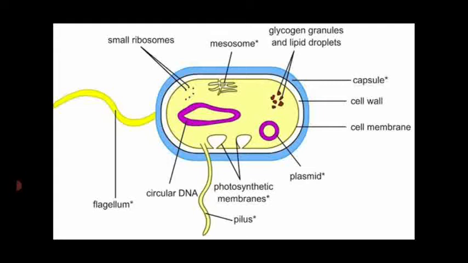Another one, circular in shape with double-stranded DNA, named as plasmid. Then some of the cell inclusions such as glycogen granules and lipid droplets are also present in the cytoplasm. Ribosome is also present in the cytoplasm.